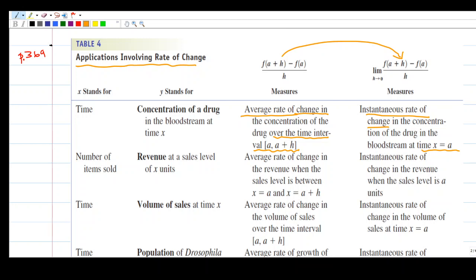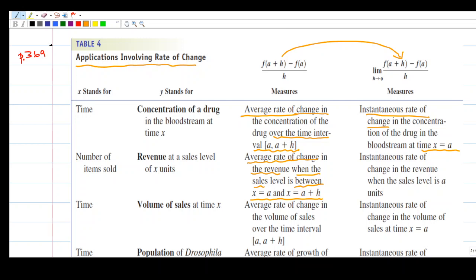So we move on to the next part. If x stands for the number of items sold and y stands for the revenue at a sales level of x units, then the expression that heads the third column gives you the average rate of change in the revenue when the sales level is between x is equal to a and x is equal to a plus h.